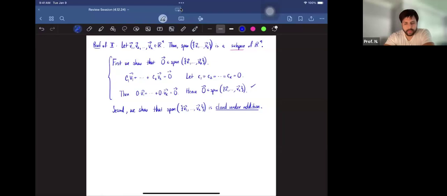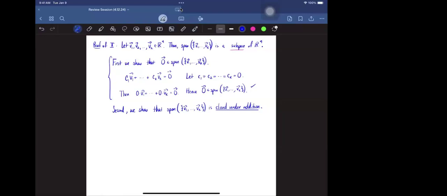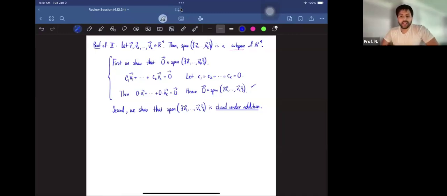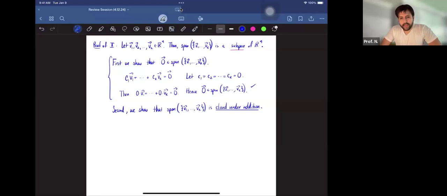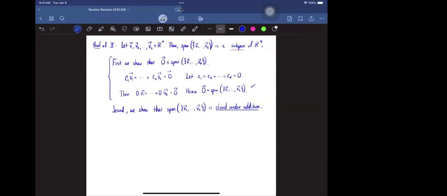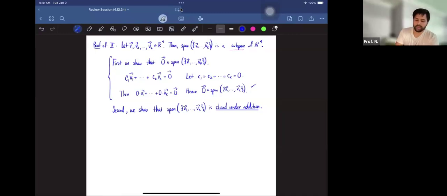If I add 2 vectors in the span, then the result is also in the span. That's what closed under addition means.